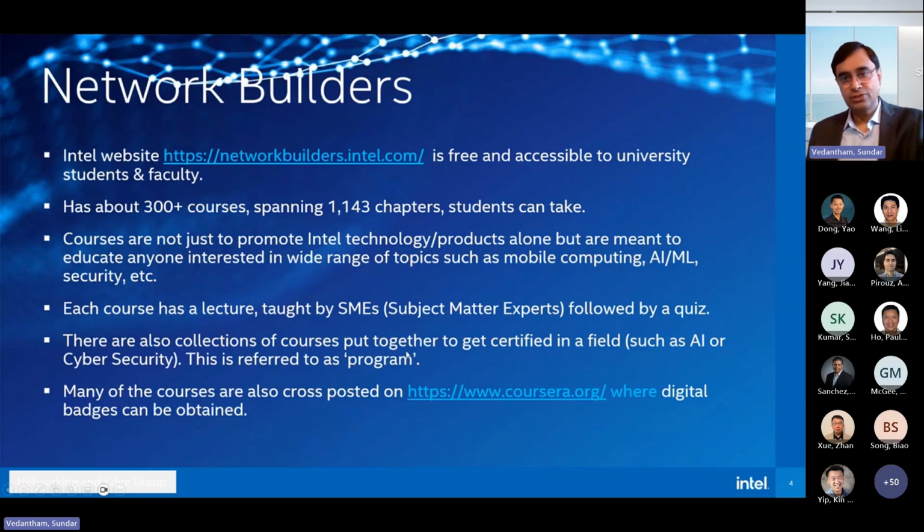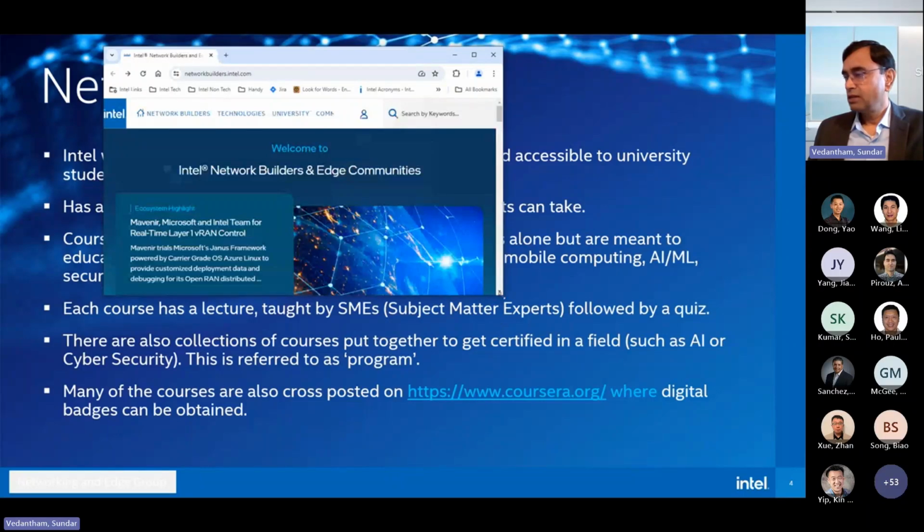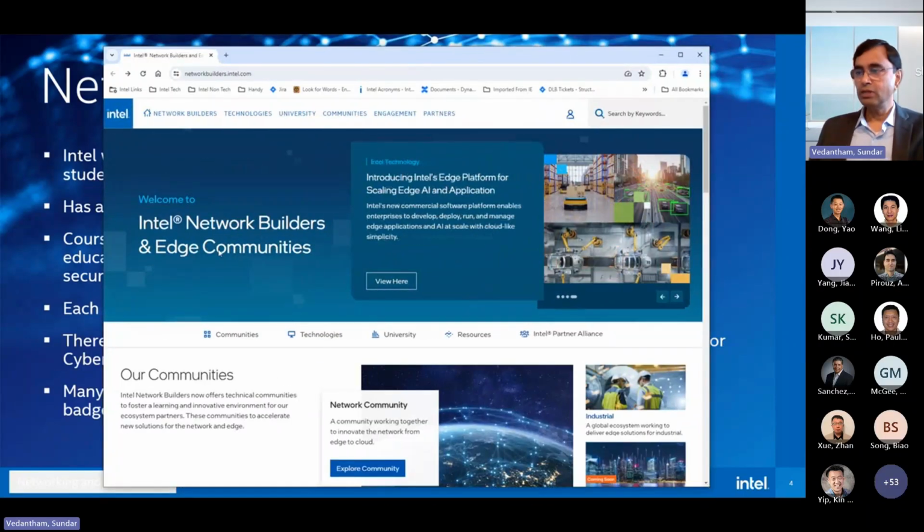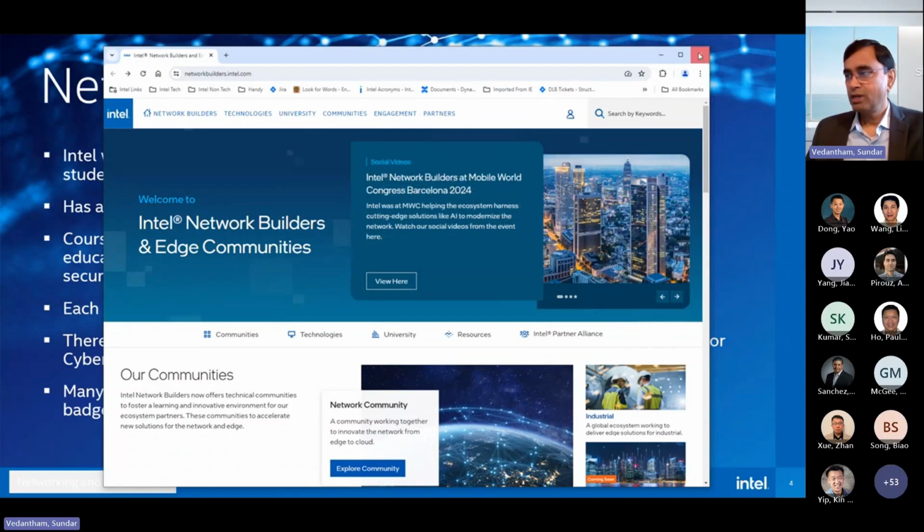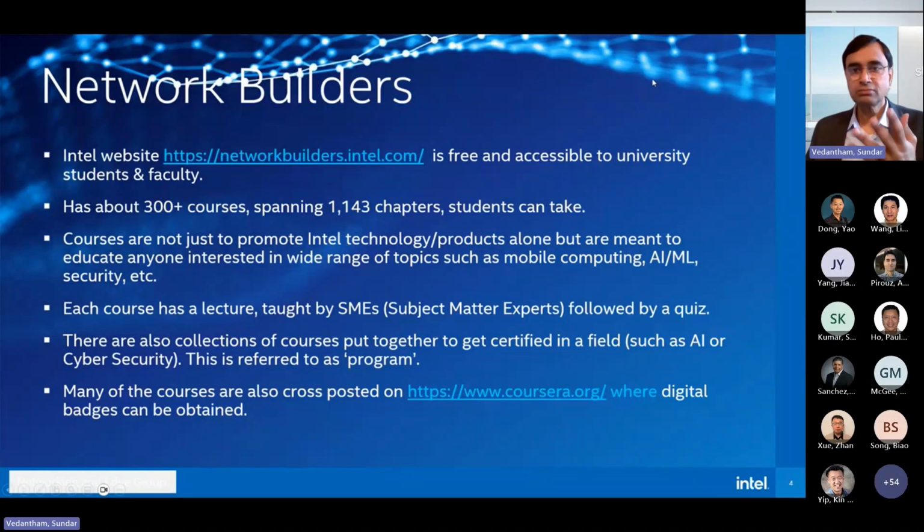So that may be like 20 courses strung together to give you enough knowledge to make you an expert in, let's say, AI or ML, security or mobile technology, etc. This is completely free from Intel to anyone in the world, and it's not necessarily just to promote Intel technologies alone, right? So it is to encourage people to understand communication in general, and this should be accessible to anyone in the world. So you can just go to networkbuilders.intel.com. So check it out. You can provide feedback, and you can also encourage your contacts to try it out.